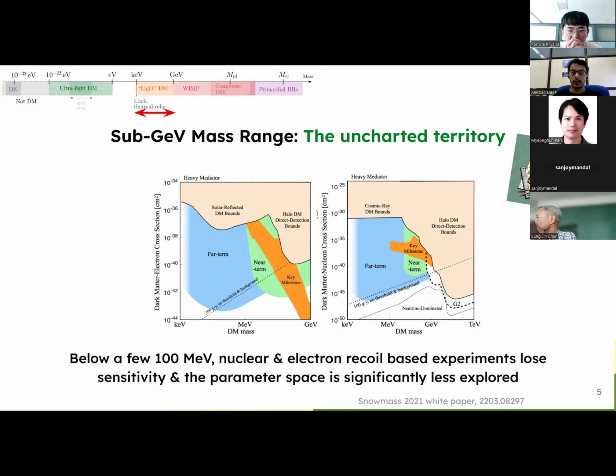So when we look at lighter dark matter, the kinetic energy also goes down, proportional to its mass. So when you go below GeV, the energy also goes down, and this energy is not sufficient to scatter with a nucleus. So the nuclear recoil will be very, very tiny, and our experiments are not sensitive enough to pick up that signal. So we have to do different types of experiments. So we have to change our technique.